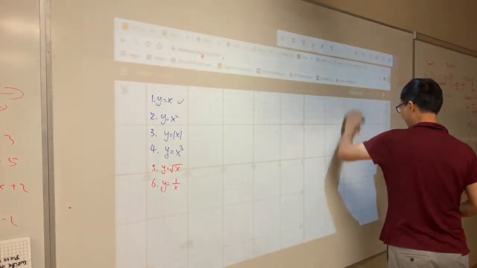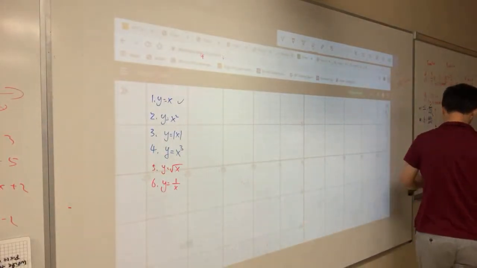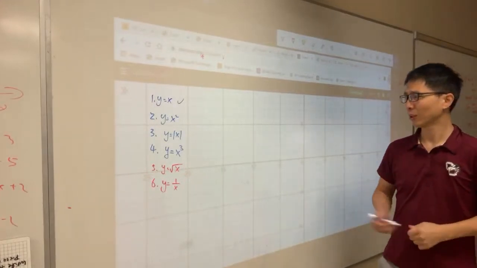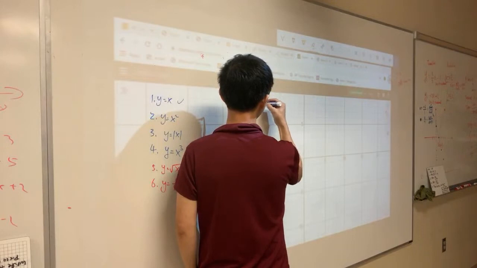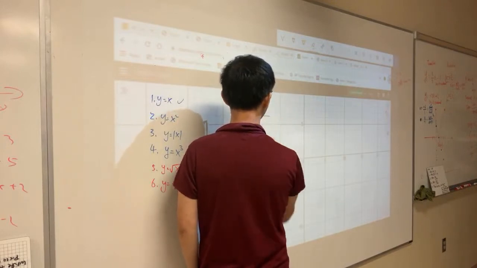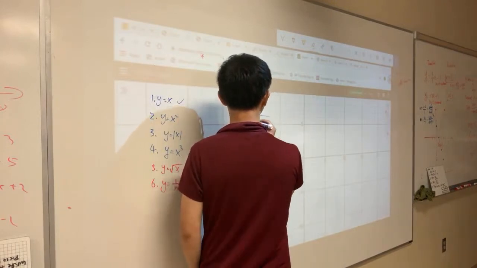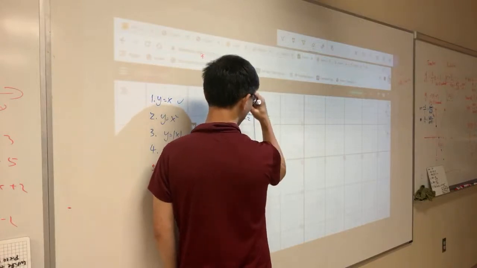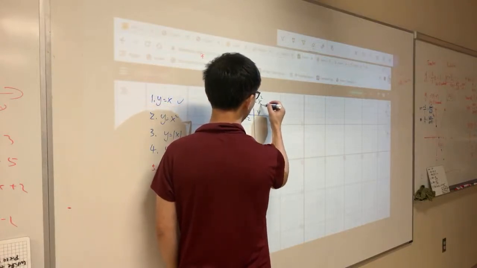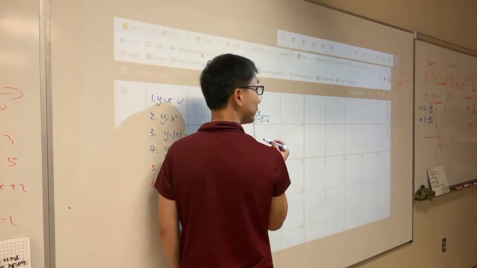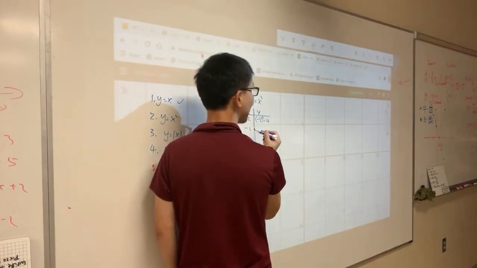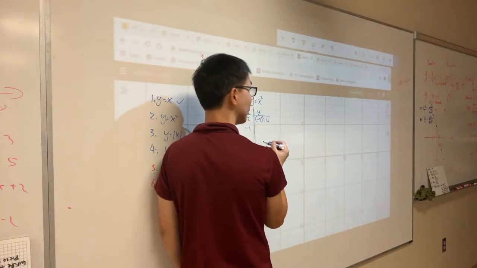We're going to talk about the next one. Y equal to x squared. We already talked about this when we talked about inverse, but now we're going to talk about more extensive of it. So if I plug in -2 into the x, that's -2 squared, equal to 4, right? If I plug in -1, what am I going to get? 1.